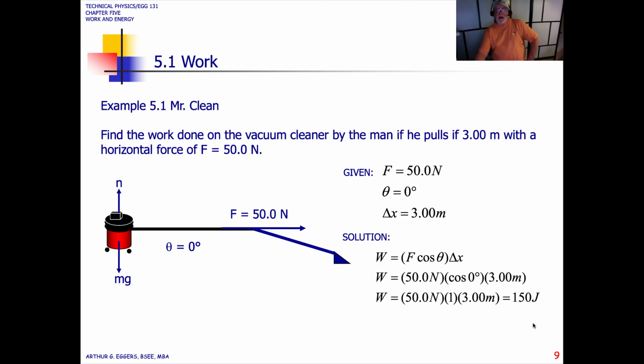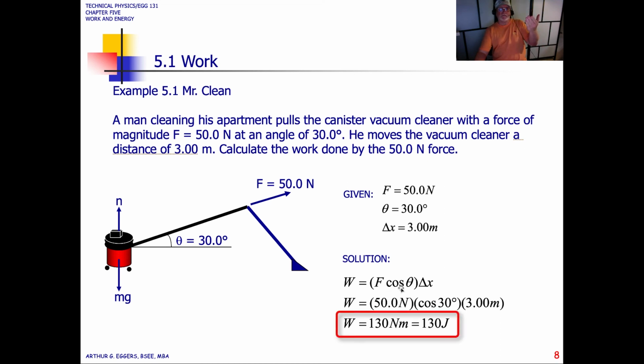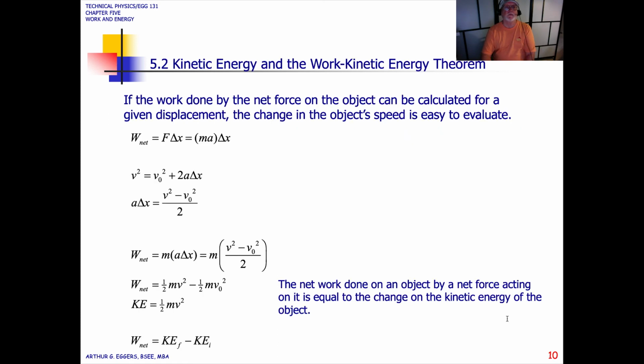If we go back, we were at 130 joules. Why? Because our force cosine theta had a component of x that only let it be a cosine of theta amount. Now we've got the full measure of force times 1 in the problem.